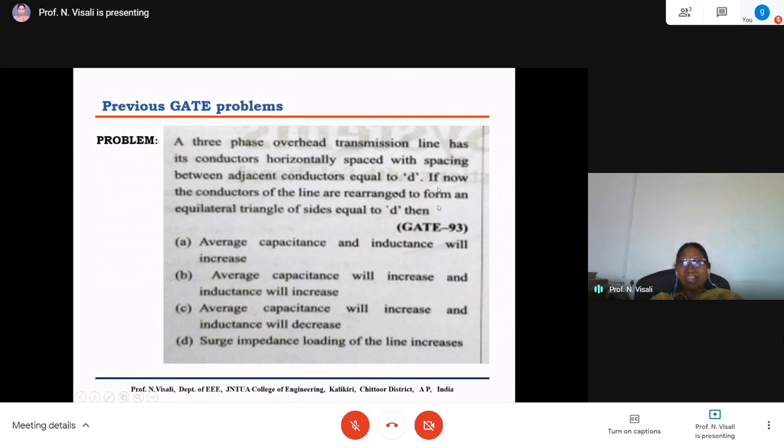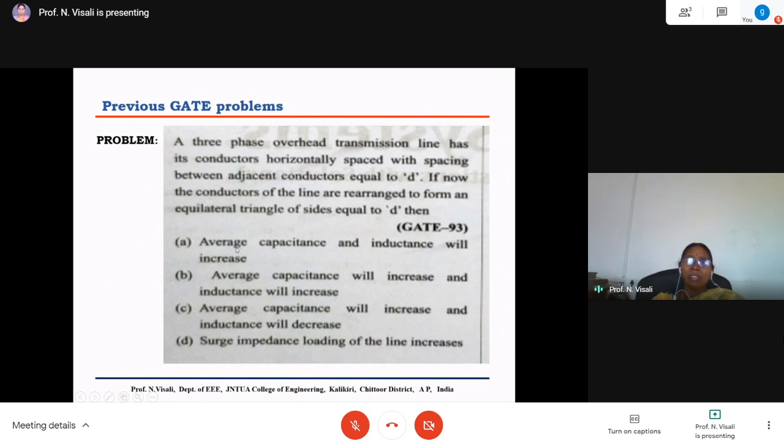That means it's a transposition, transposing the conductors. When transposing the conductors, what will be the capacitance and inductance? That is the meaning.